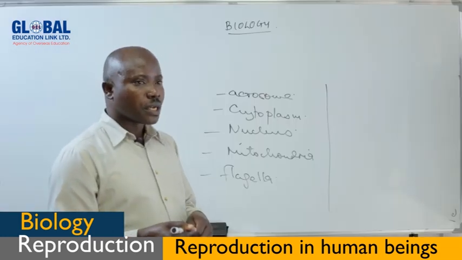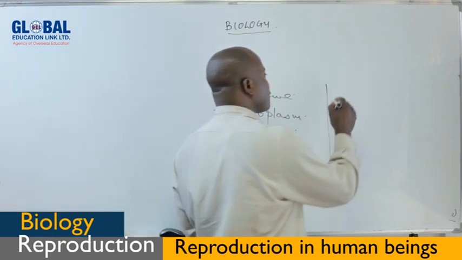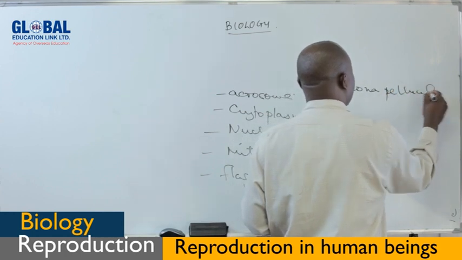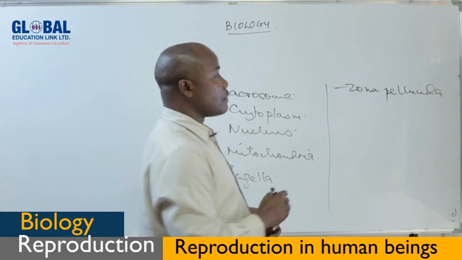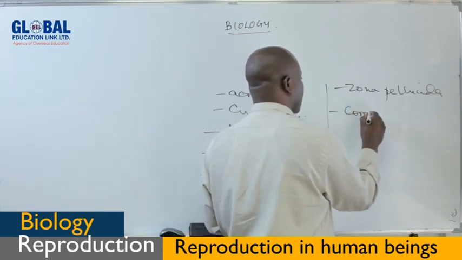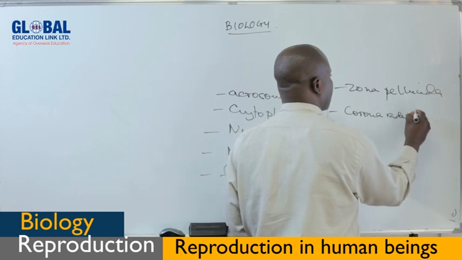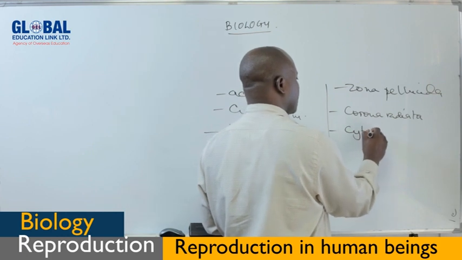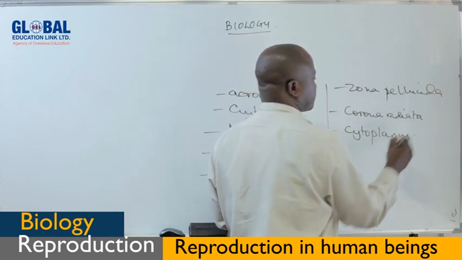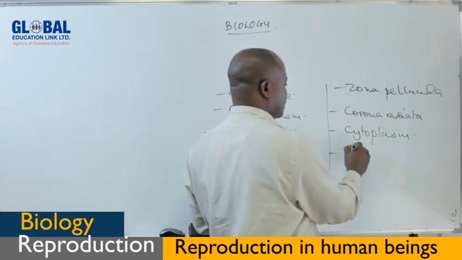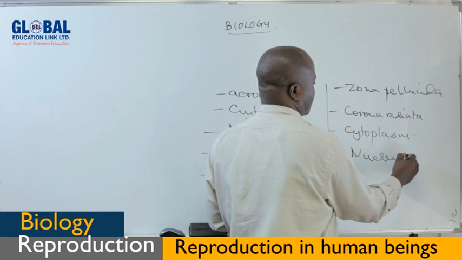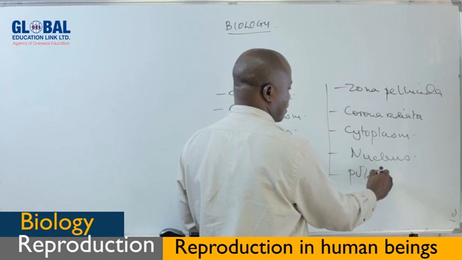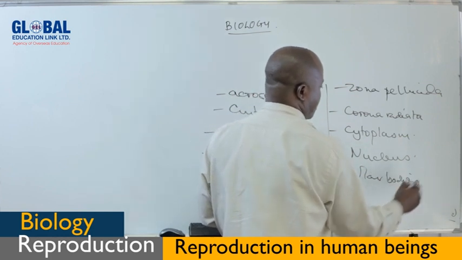As I said before, a mature ovum will have the zona pellucida, will have the corona radiata, will have the cytoplasm, will have the nucleus, but also will have polar bodies.